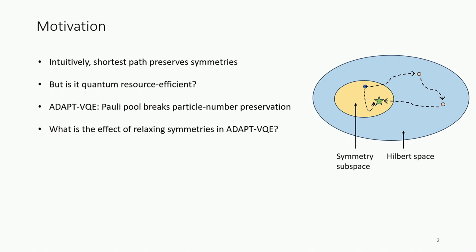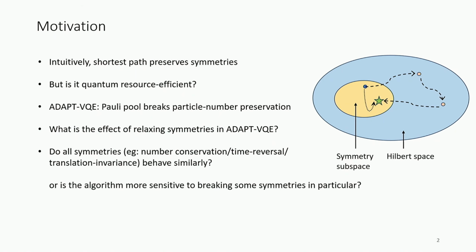So the question that I want to ask is, what is the effect of relaxing symmetries in these simulations? And moreover, do all symmetries, for example, particle number conservation, time reversal symmetry, translation invariance, etc., behave similarly? Or is the algorithm more sensitive to breaking particular symmetries?